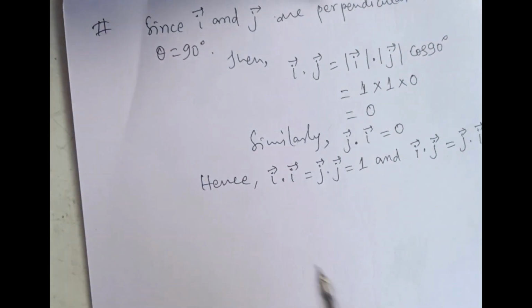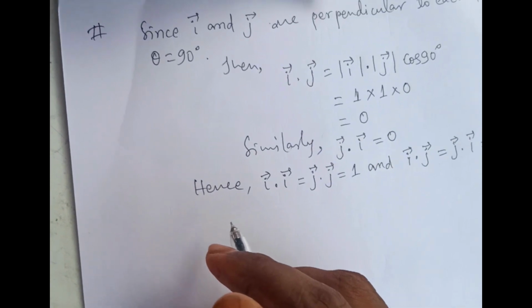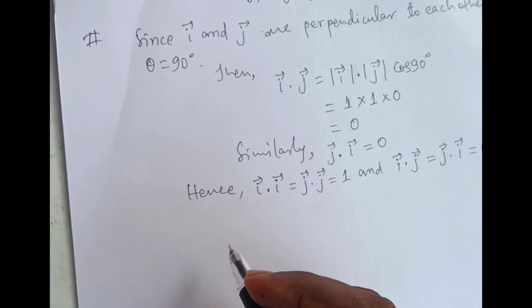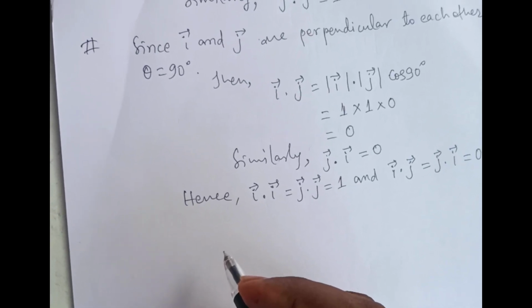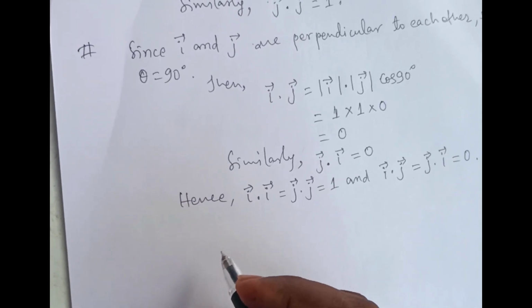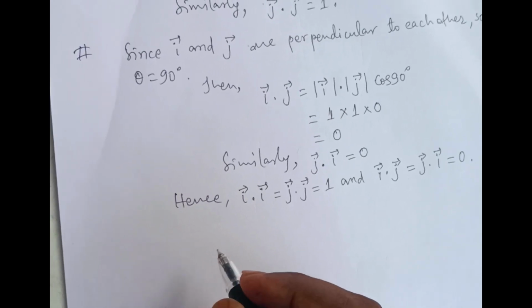So now we have discussed that any vector can be represented in ij form, and we also saw that i vector dot i vector is equal to 1, and i dot j is equal to 0.